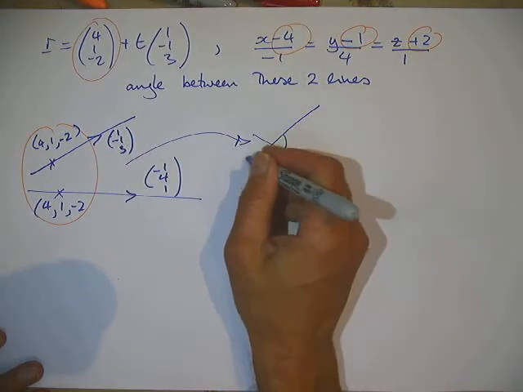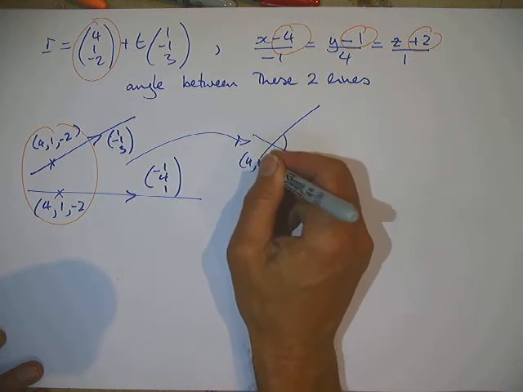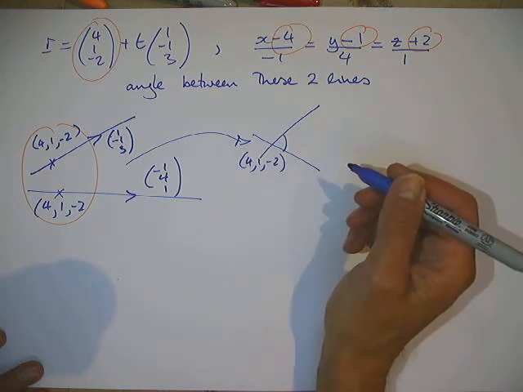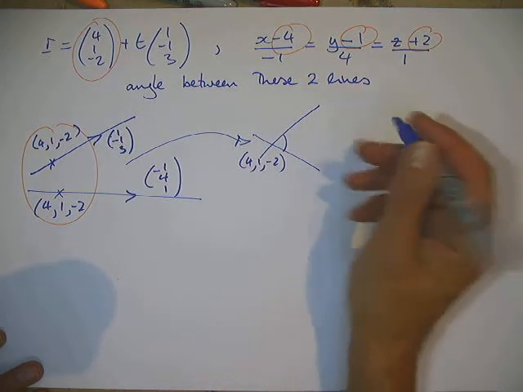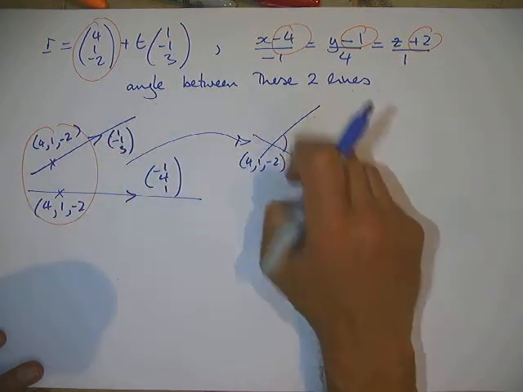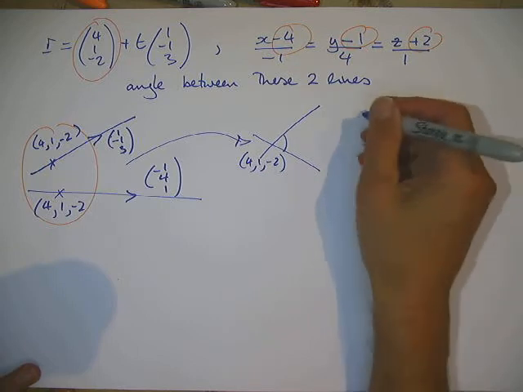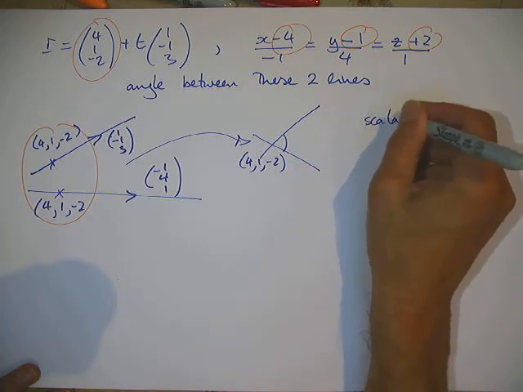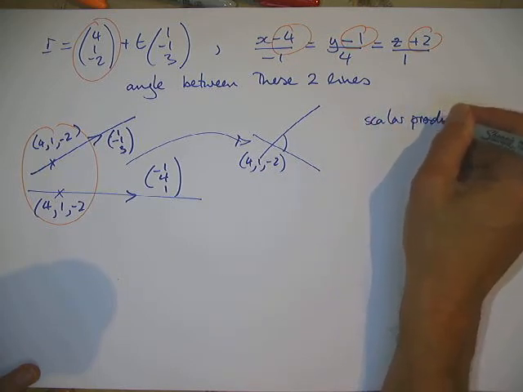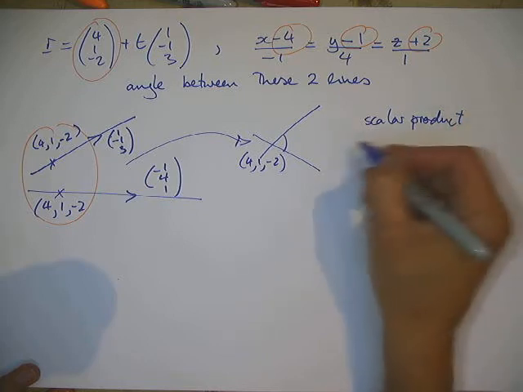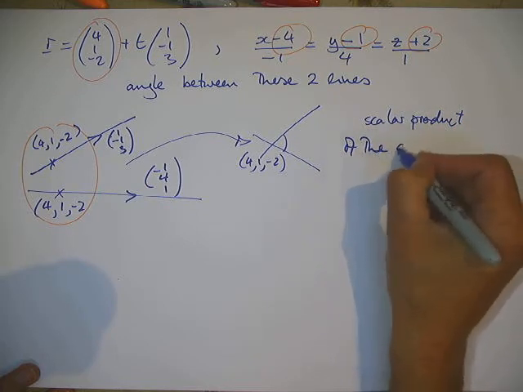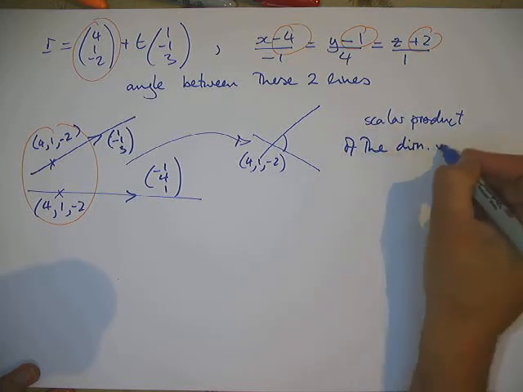If I want to know the angle that the two lines make with each other, it's the directions which are going to define the angle, isn't it? You find the scalar product of the direction vectors.